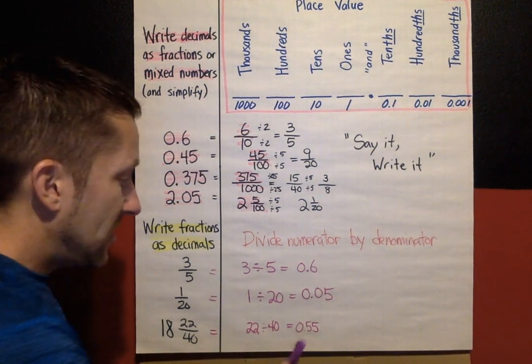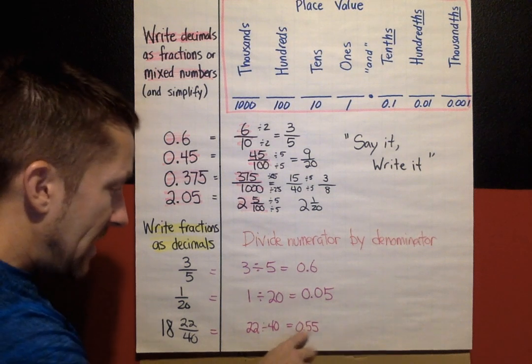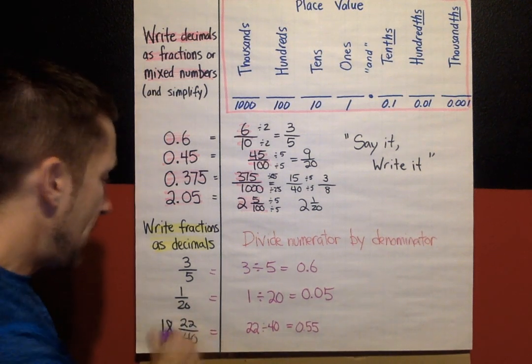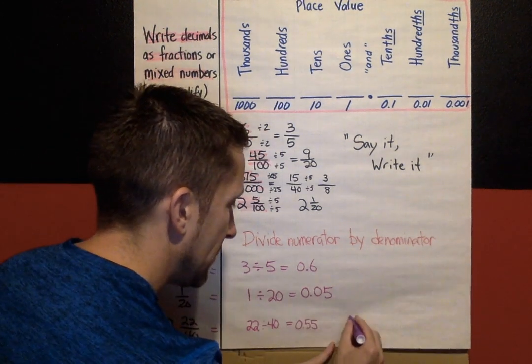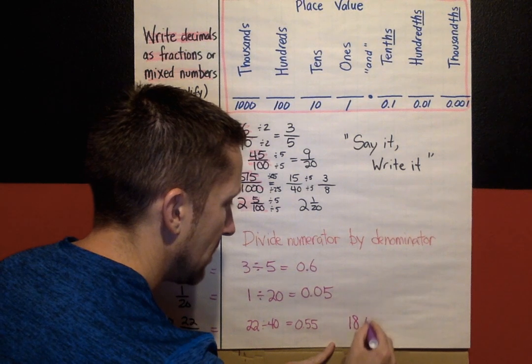Okay, but I don't have a 0, I've got a whole number 18. So what I did is I converted 22/40 into 0.55, but I also have an 18. So my final answer for this problem is going to be 18.55.